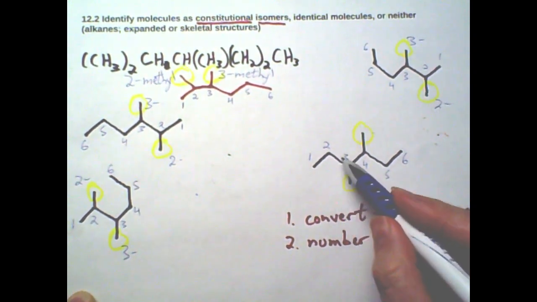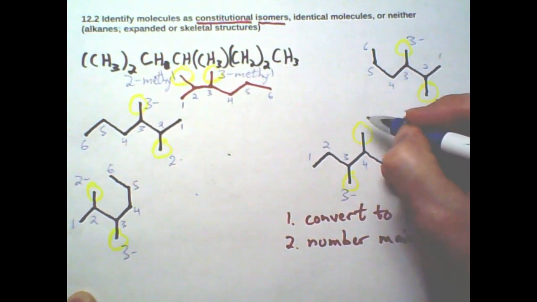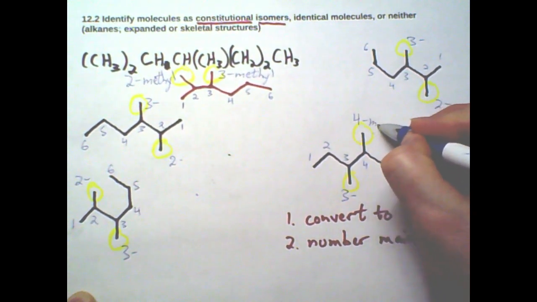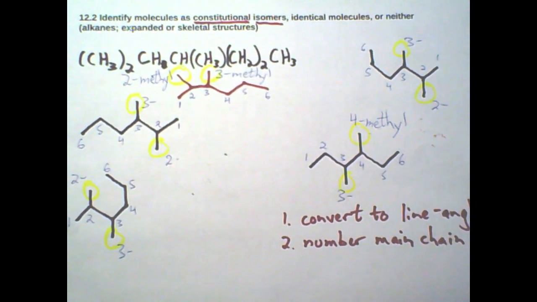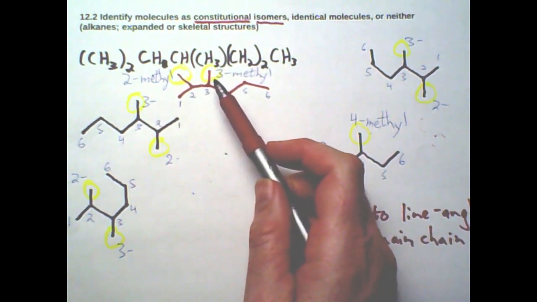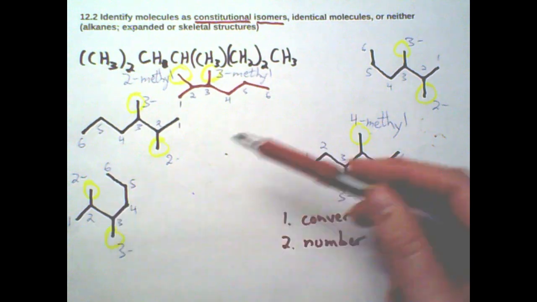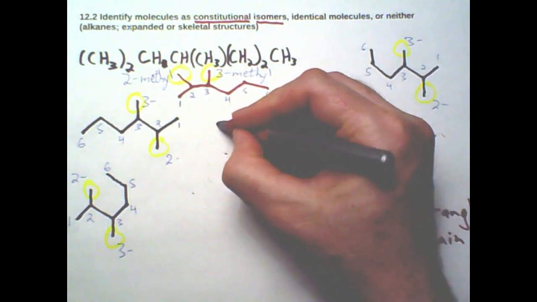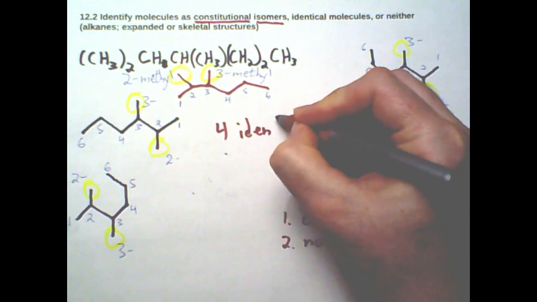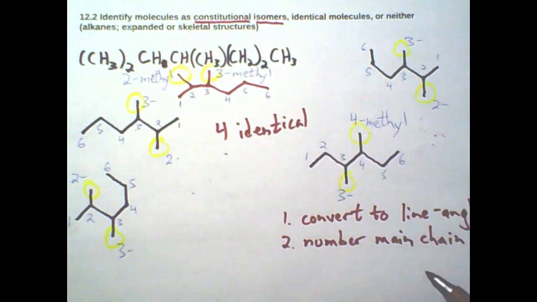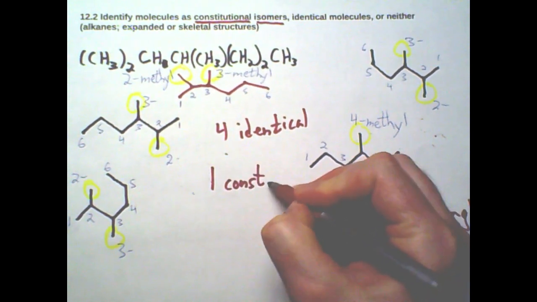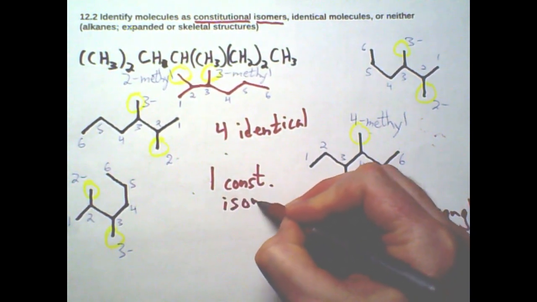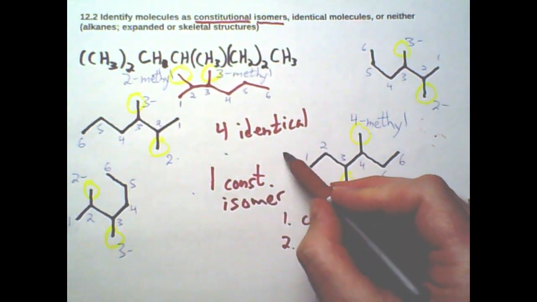Then I go to this one, and it's 3-methyl and 4-methyl. So all of these, this, and this, these 4 are identical. And 1 is a constitutional isomer. This one here.